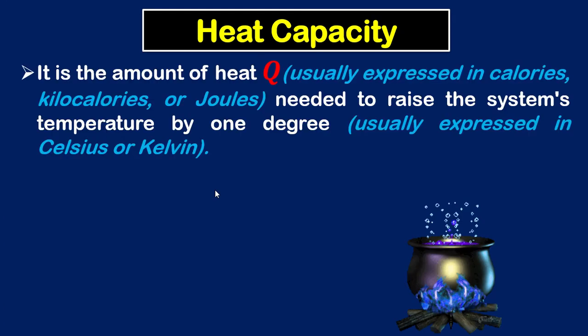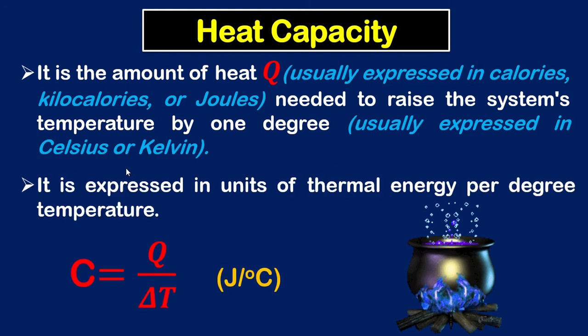Okay, so we can define the heat capacity as the amount of heat, expressed in calories, kilocalories or joules, needed to raise the system's temperature by 1 degree, expressed in Kelvin or degrees Celsius.